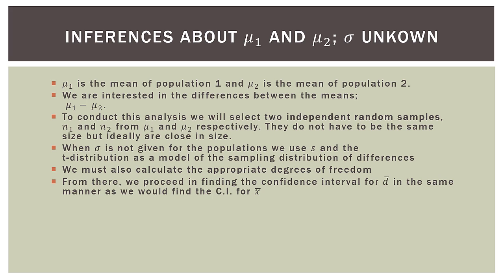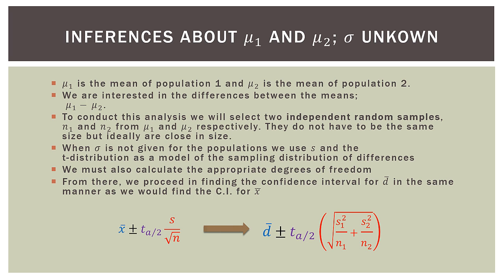So from there, we proceed in finding the confidence interval for d bar, which is the mean difference, in the same manner as we would find the confidence interval for a single mean. So instead of a single population mean, we have a distribution of differences, or a mean of the differences.